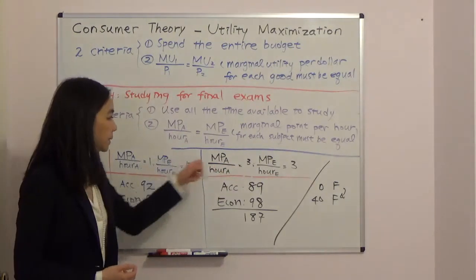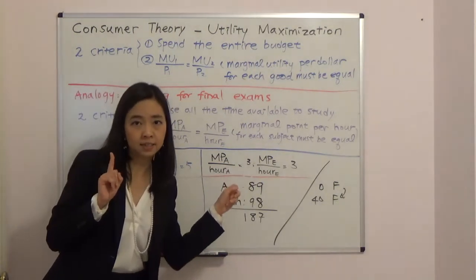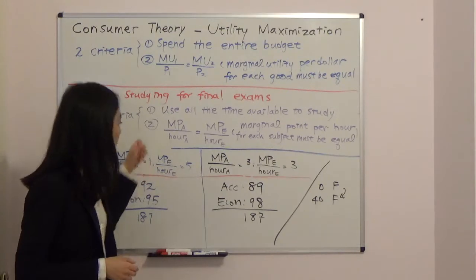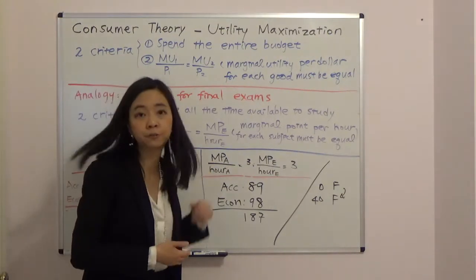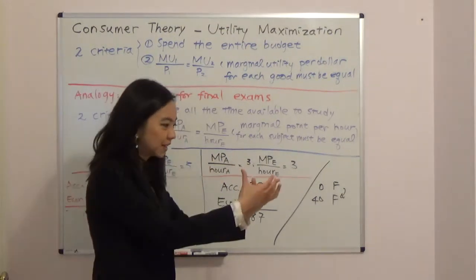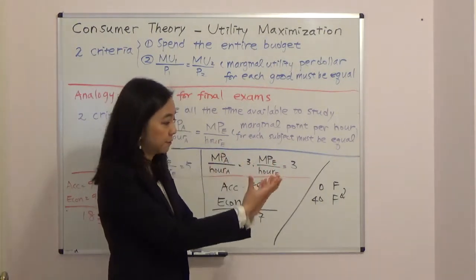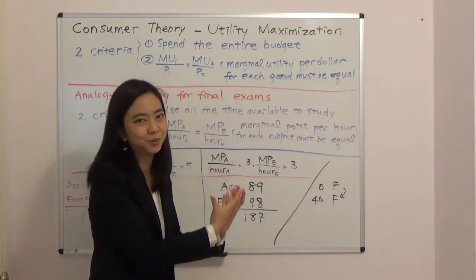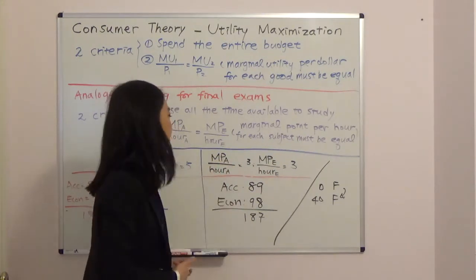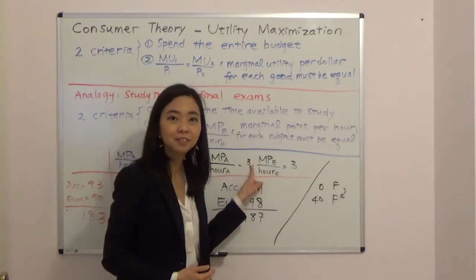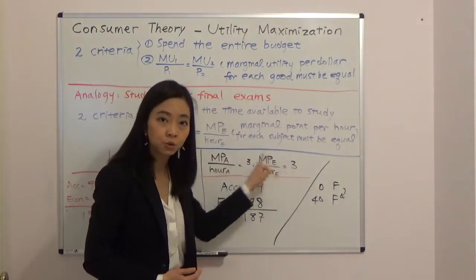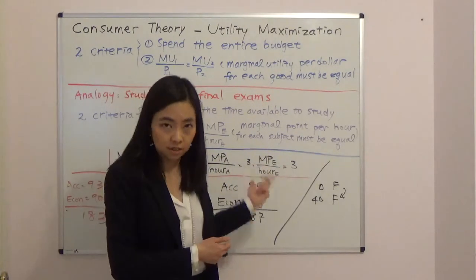And for accounting, because you reduce 1 hour studying accounting, that's going to increase your marginal point per hour for accounting, because you shifted an hour from studying accounting to economics, so you're not familiar with accounting that much anymore. You don't know the book inside and out anymore. So now suppose they're equal. And now I tell you, because they're equal, your total points is already maximized.